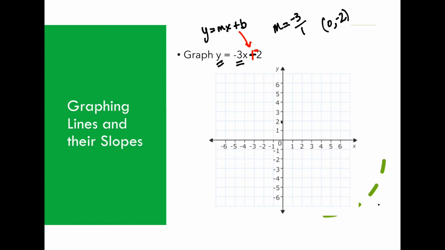I can change every subtraction to an addition as long as I change the sign of the number that follows it. So I make that 2 into a -2. That tells me that b is actually -2. So whenever we see a subtraction, we want to interpret that number as being negative.